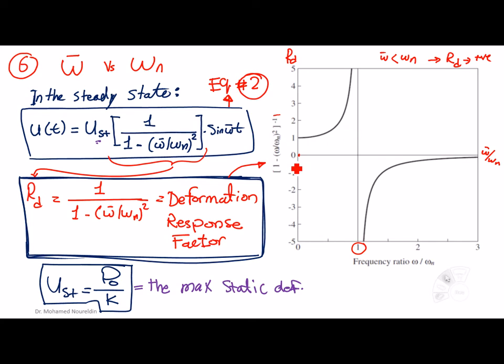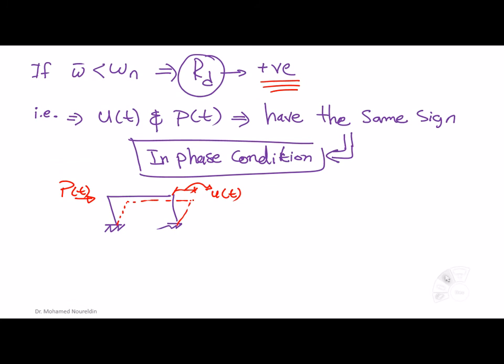It is going to be larger than 0, of course. It is starting from 1, actually, approaching 1 when omega bar over omega n reaches 0. This means that we are in the positive part here. RD is positive, and the positive part means that we are having the in phase condition.